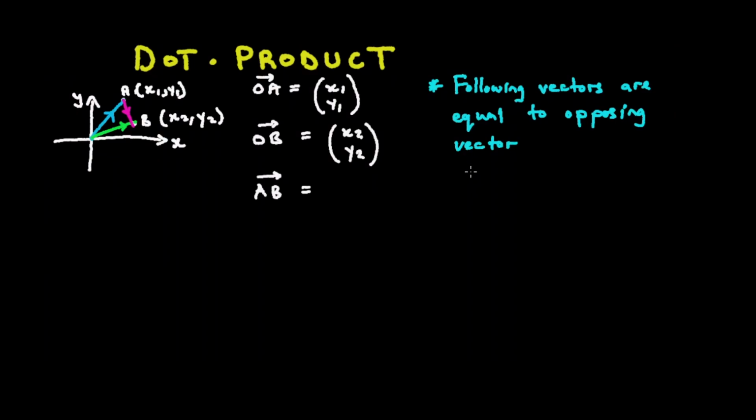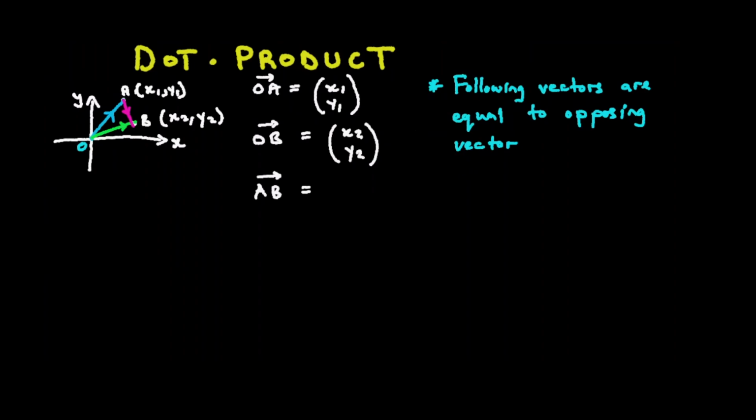And we tested this theory and saw it working. For example, if we want to find AB, we look here and see that OA plus AB should be equal to OB, because OA and AB are following each other, so they must equal the opposing vector, which is OB.